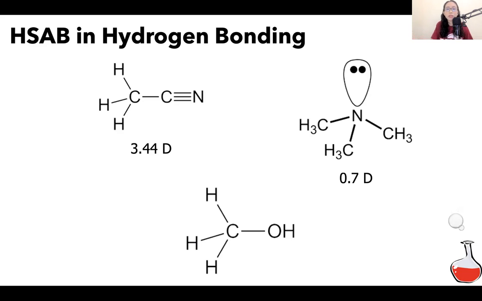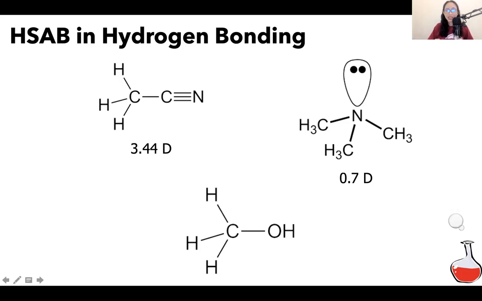Is it the hydrogen bond between methanol and acetonitrile, or is it the hydrogen bond between methanol and trimethylamine? Make a guess. If you guess that the second pair, methanol and trimethylamine, forms a stronger hydrogen bond than the first pair, you are correct.